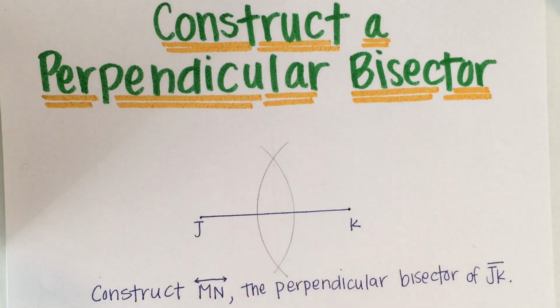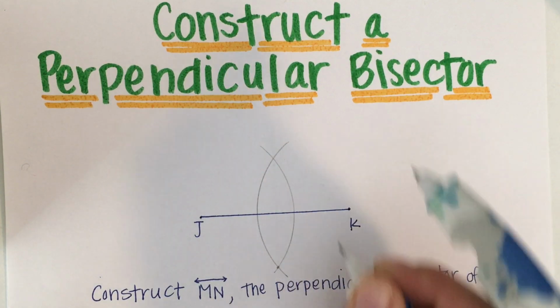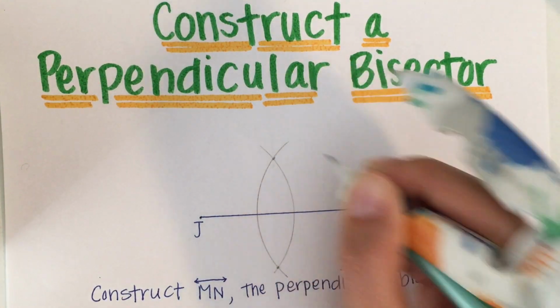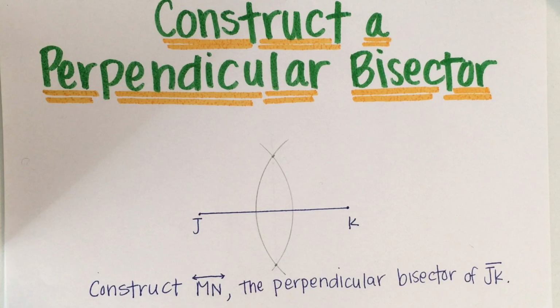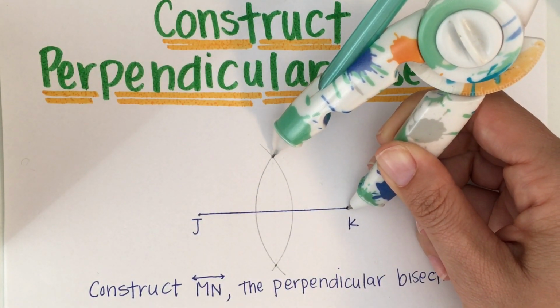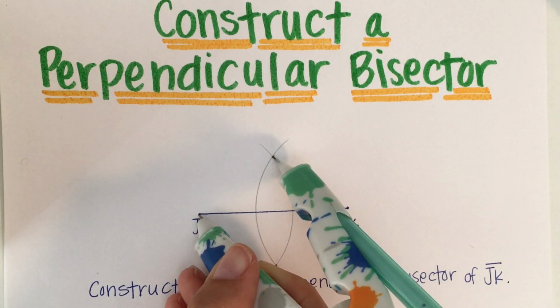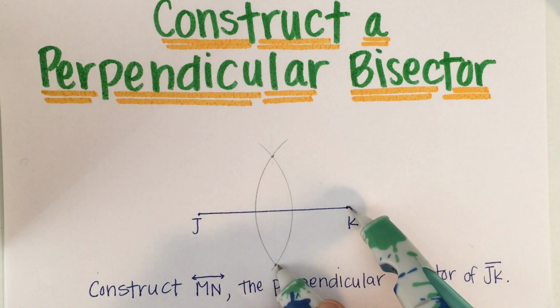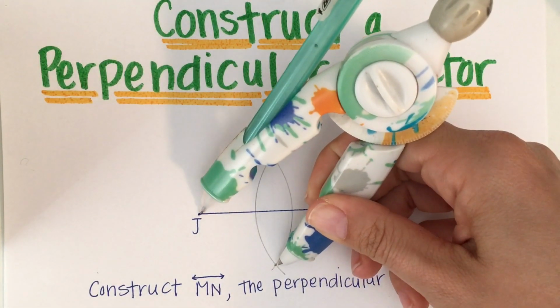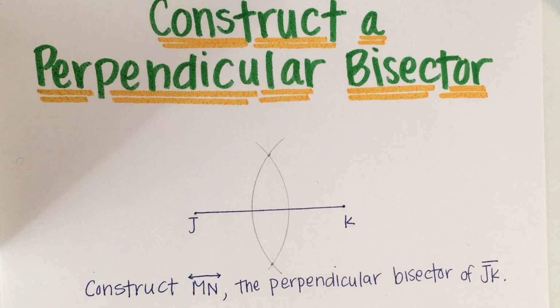So what I've done is I've created two important points where the two arcs intersect. Each of these points is equidistant from the end points of the segment. So we can see here that the point above and below are both equidistant.